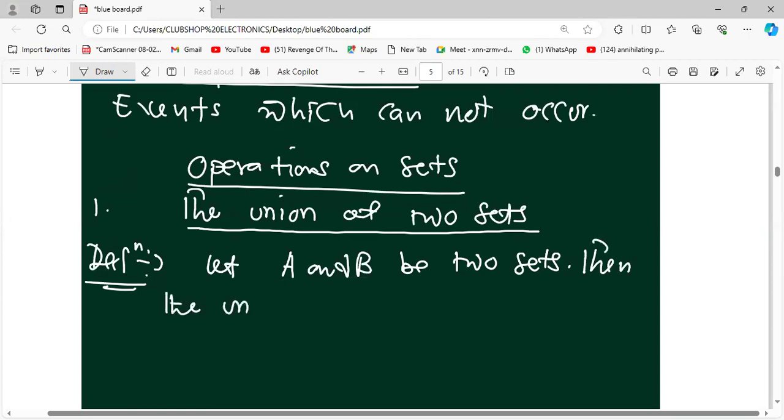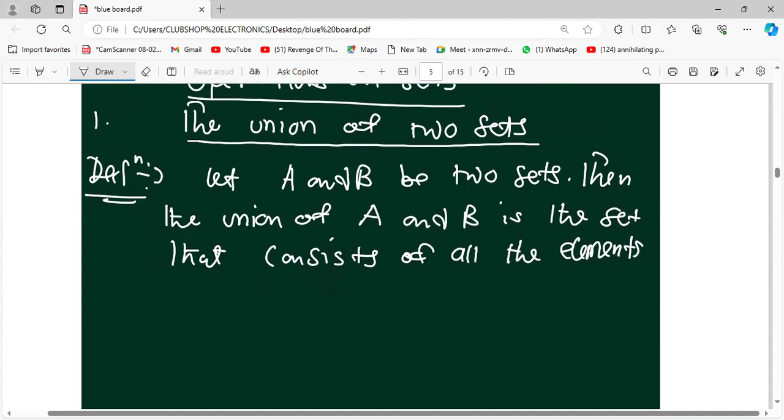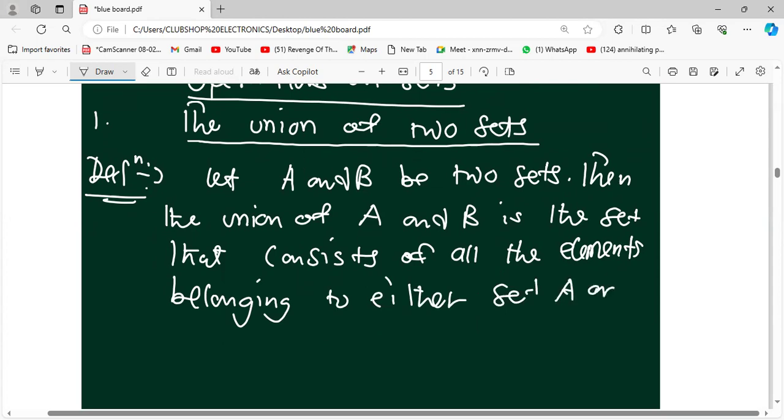Then the union of A and B is the set that contains or consists of all the elements belonging to either set A or set B or both.